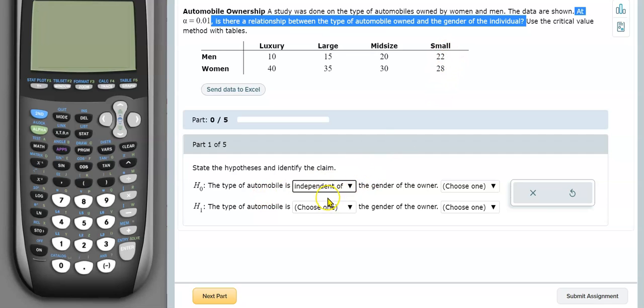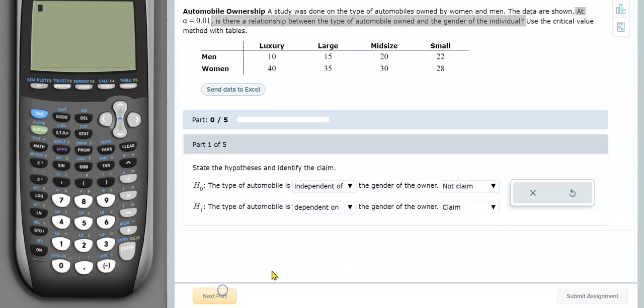And obviously this is not the claim, because the claim says there is a relationship, and a relationship means dependent. So this is not the claim. H1 is they are dependent on gender: the type of automobile, cars, is dependent on the gender. And this would be my claim.